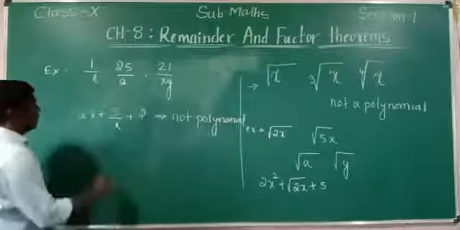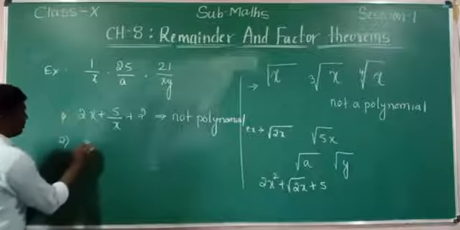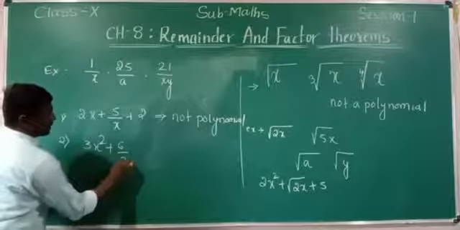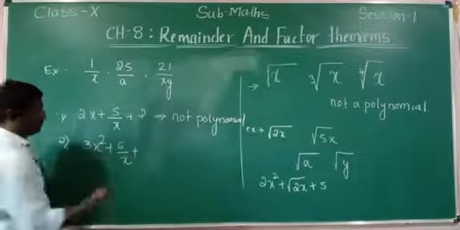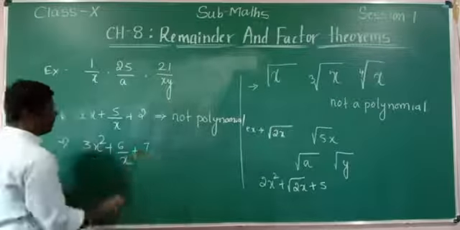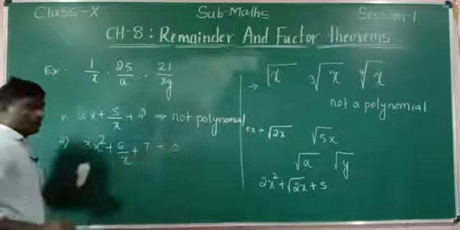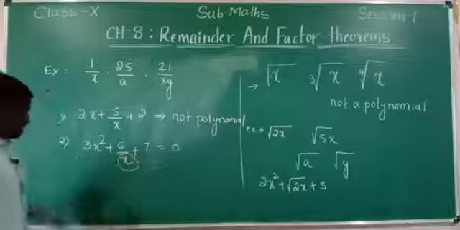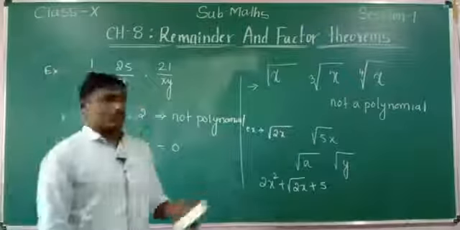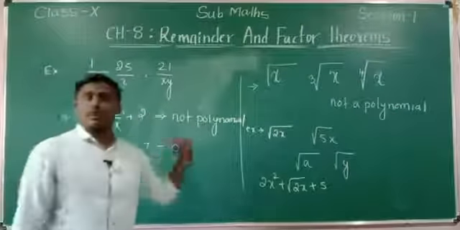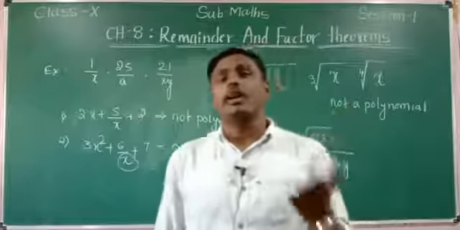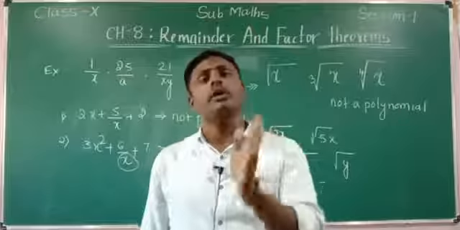Okay, next one, 3x square plus 6x plus 7 divided by x, which is equal to 0. This one is also not a polynomial because here x is in the place of the denominator. So with the help of these two conditions, we can easily identify whether the given algebraic expression is a polynomial or not.